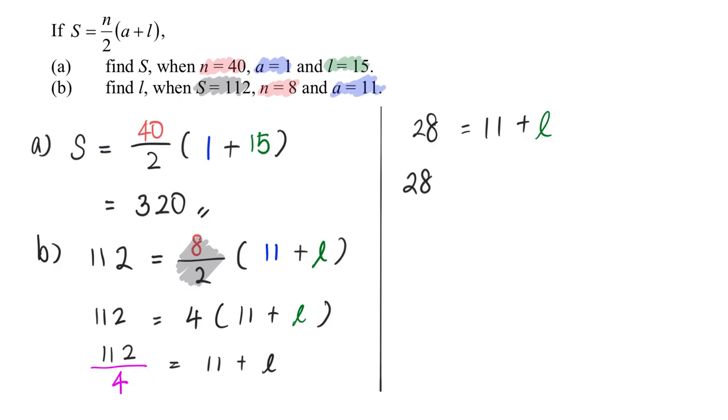I'm going to minus by 11 on both sides, so that finally I will only get my L. So 28 minus 11 is 17. And I've successfully found the value of L.